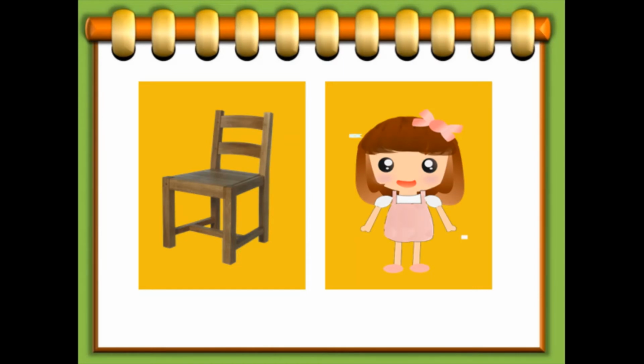Next, how about this chair? And this girl? Which one is living and which one is not? Alright, let's try to see. A chair is non-living, while this girl is living.